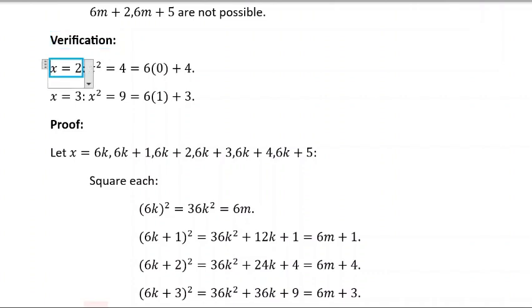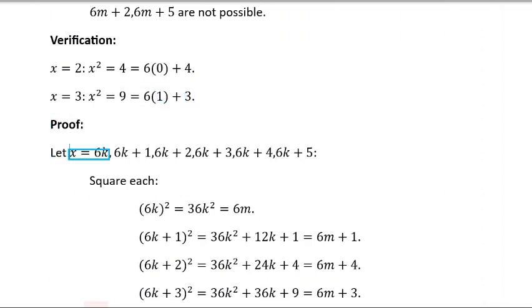Verification. X equals 2. X squared equals 4 equals 6(0) plus 4. X equals 3. X squared equals 9 equals 6(1) plus 3.